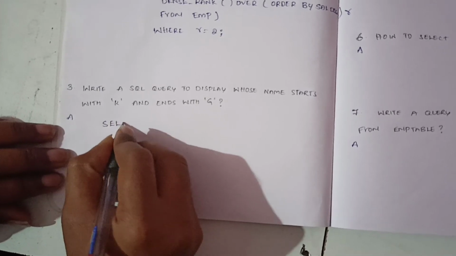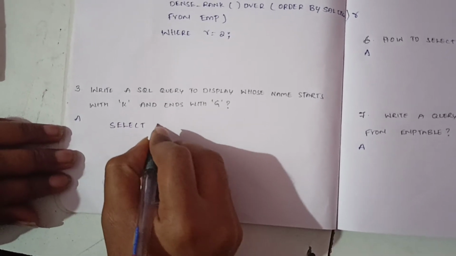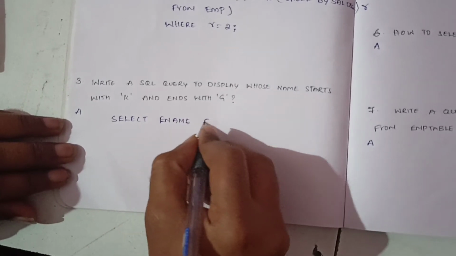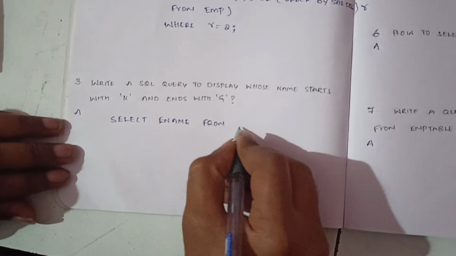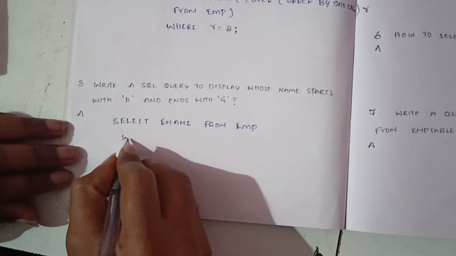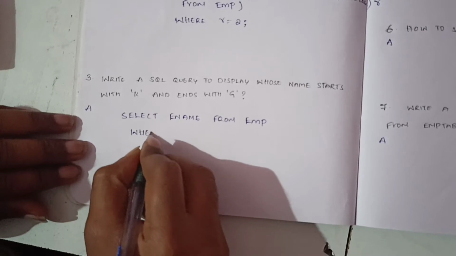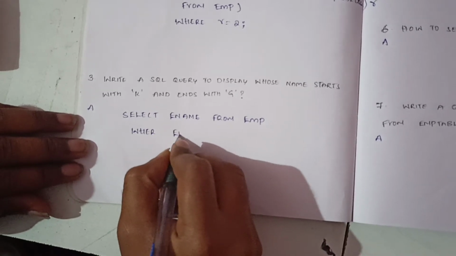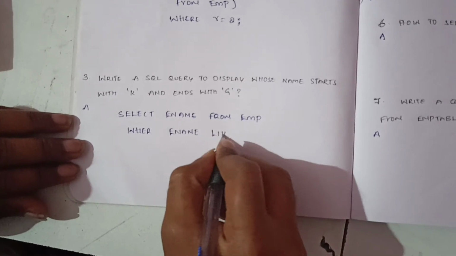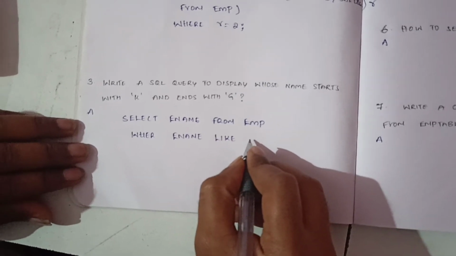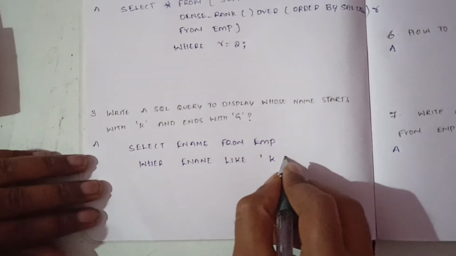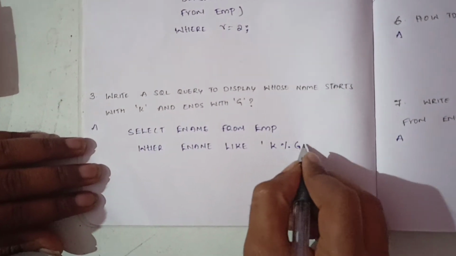Select employee name from employee table, where ename, employee name like K percentage G.